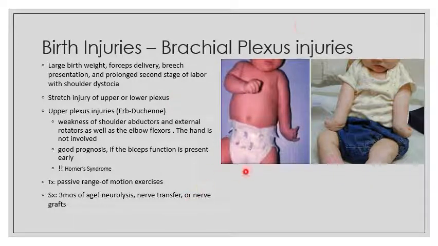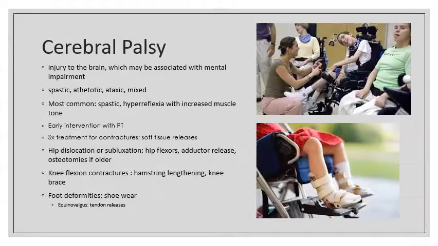So treatment would be passive range of motion exercises. You have to ask the parents to move the extremity. Our target is that by 3 months of age, the patient should be able to move it. If not by 3 months of age, we might need to do some neurolysis, nerve transfer, or some nerve grafts.